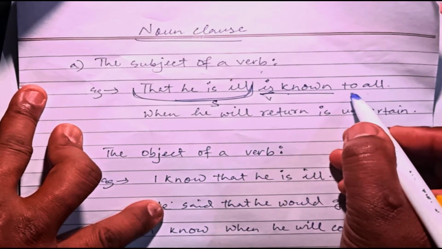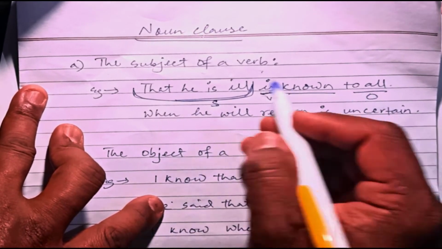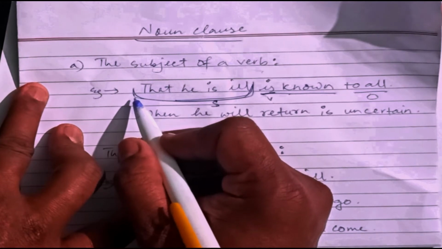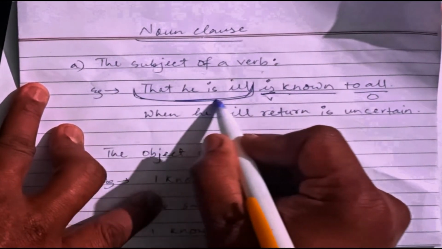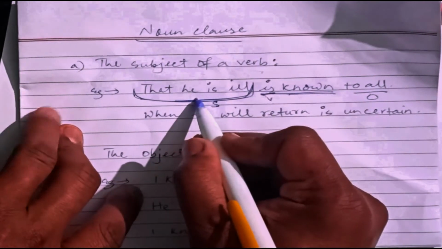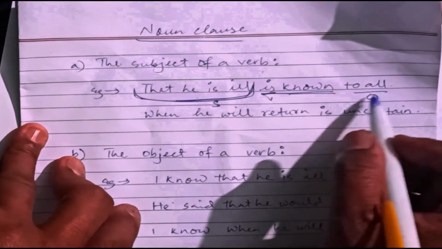So to all, this is our object. So subject, verb, object, and that's why when we look at this, that he is ill becomes our subject of a verb, so it is a noun clause. That he is ill is known to all.